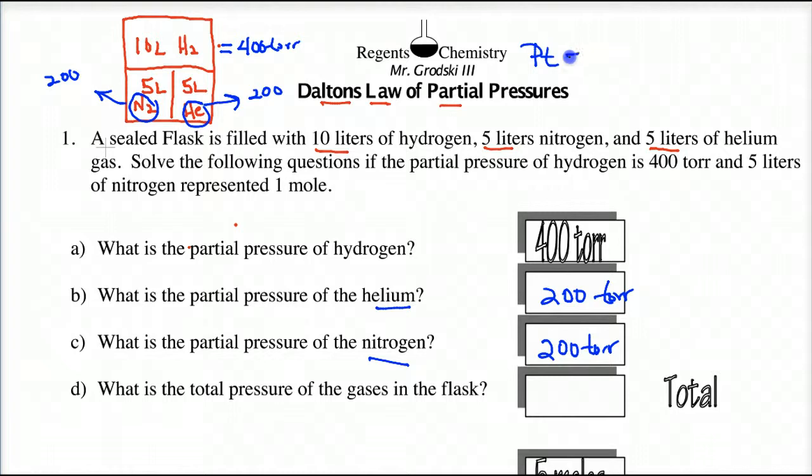Total pressure equals the partial pressure of the hydrogen plus the partial pressure of the nitrogen plus the partial pressure of the helium. So the total pressure is 400 plus 200 plus 200, and of course we get 800 torr.